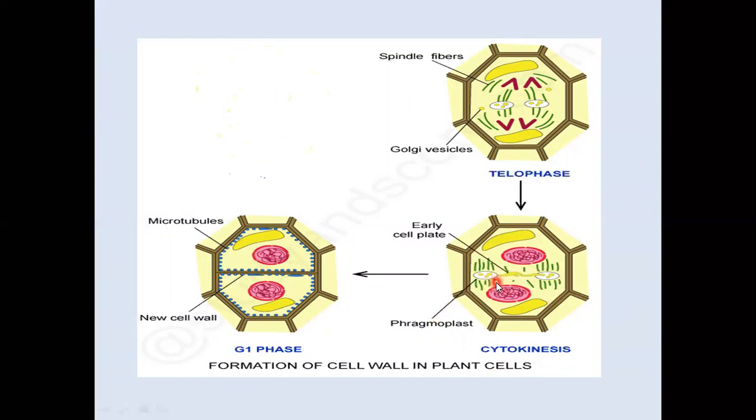You can see the vesicles from the Golgi apparatus and endoplasmic reticulum associate with one another and form a cell plate, and this is the new cell wall formed. So this is how the division of the cell occurs. This is one cell, this is another cell. So first the middle lamella, then the primary wall, then the secondary wall form. So cell wall formation occurs.